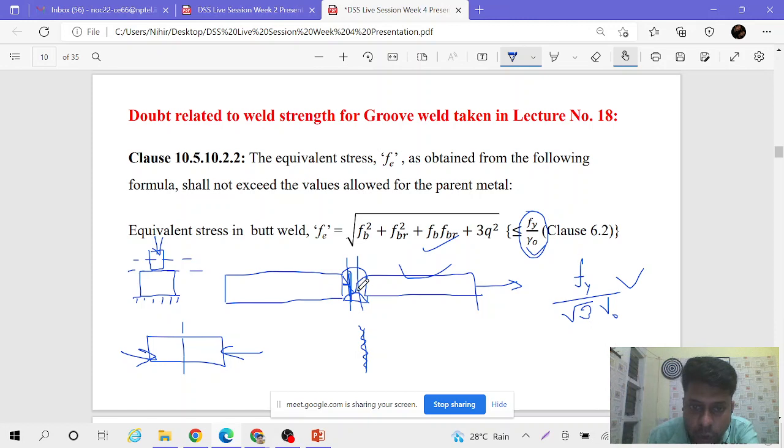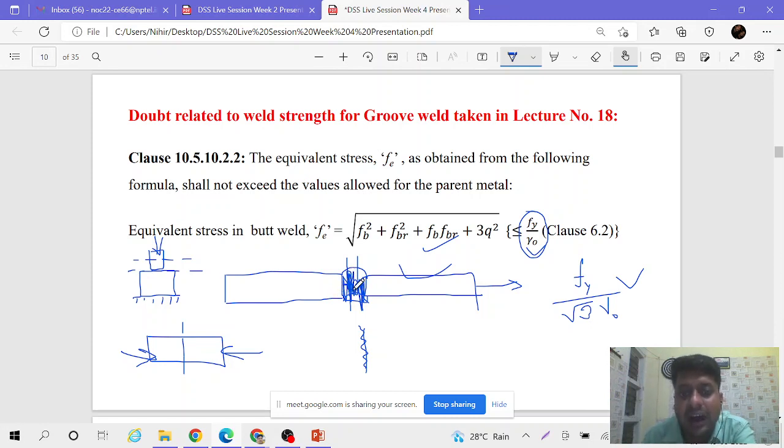bearing will generate at this face. After that, when you consider the weld, you are providing weld in this portion, completely filling this entire thing. But there will be some voids because we cannot work at the microscopic level, so voids remain here.